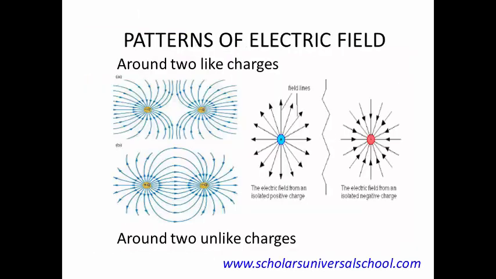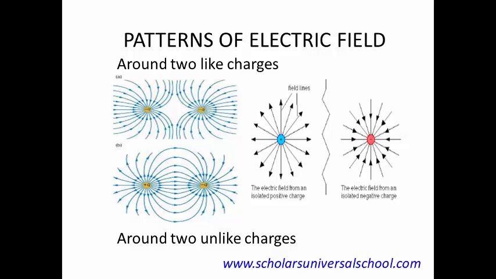Now, this diagram explains the path of an electric field. All the lines with arrows that we can see here show the direction of the electric field. From the diagrams we have here, we can have a positive charge or a negative charge. We can see the field line patterns around two unlike charges.